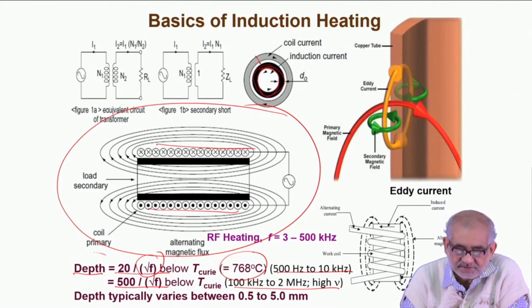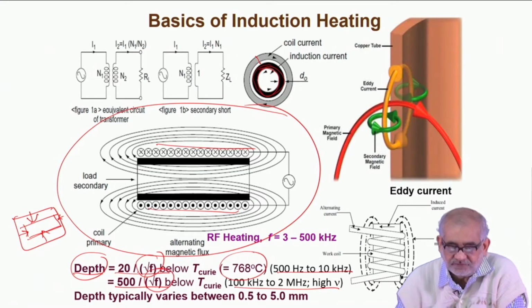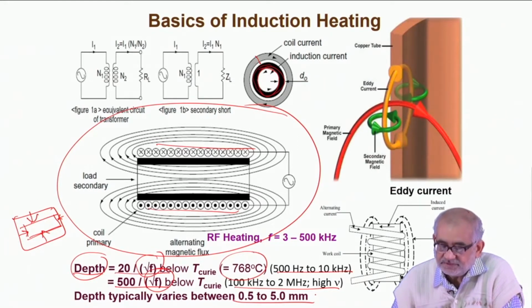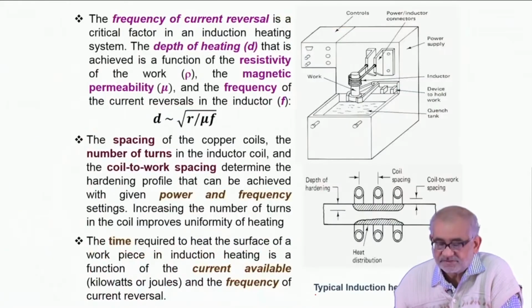But what is important is the depth from the surface, that for example if this is a stock, then this is the depth from either side that we are subjecting to. This depth can be very precisely controlled by controlling the frequency of induction, and typically the depth can be anything from less than a millimeter to a few millimeters.